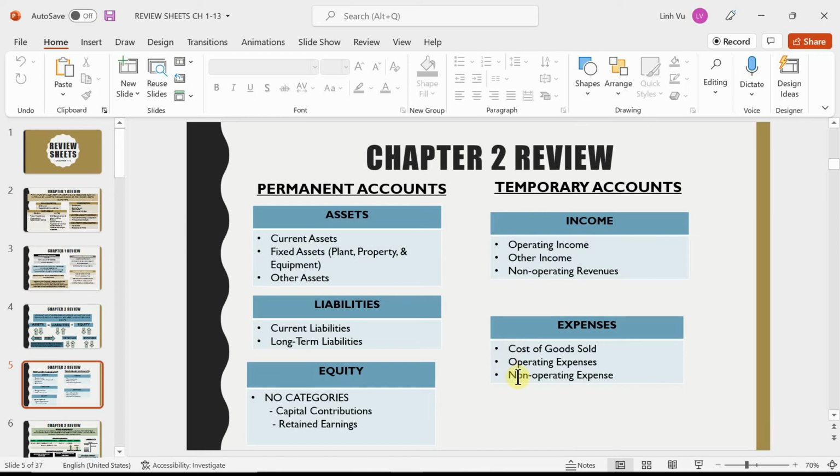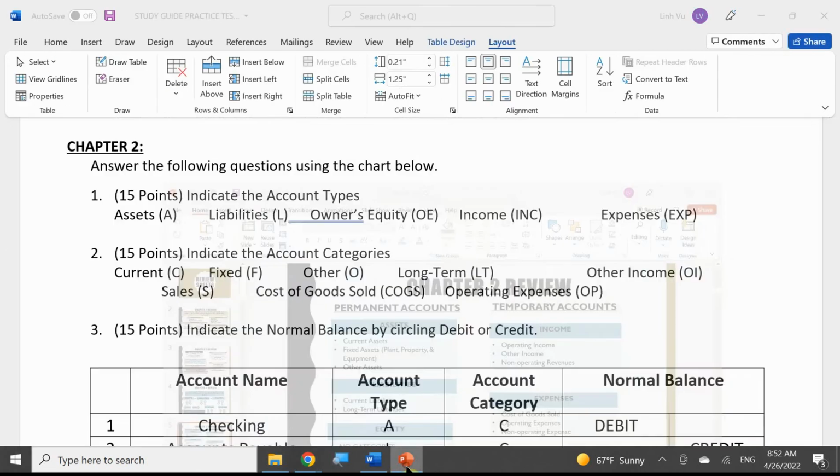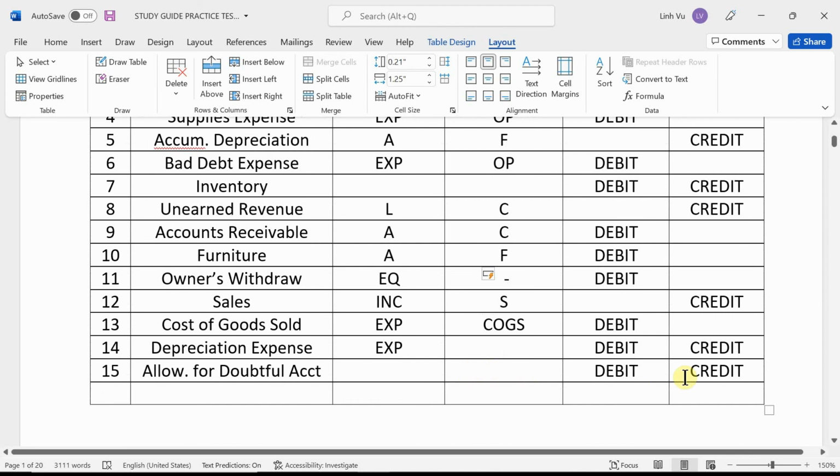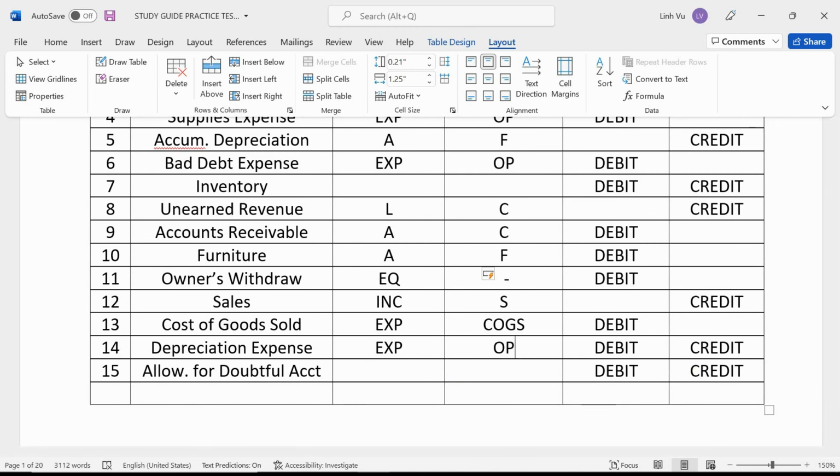I didn't teach you non-operating or other. So in this case, your only option here is operating. Because during the accounting period, you would choose to lower the value of your fixed assets for that month, for that year. So this would definitely increase. Now, how do you increase an expense? Debit.